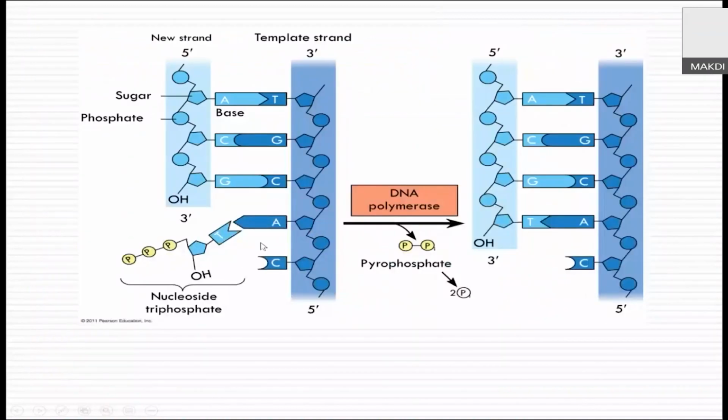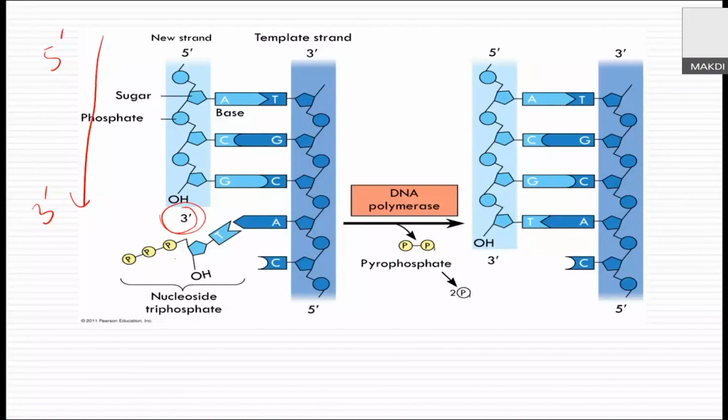Okay, this one sudah tengok dalam video kan. So new nucleotides will be added onto the 3' end. Jadi the direction is from 5' to 3'. This one is very important that you have basic chemistry, 5' to 3'. So 3' ada OH kan.